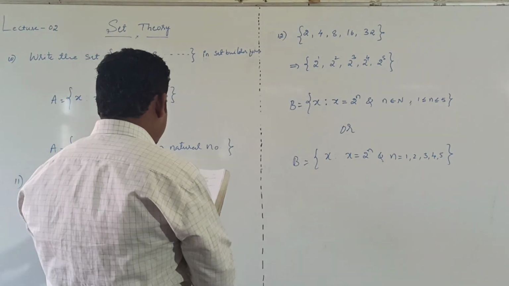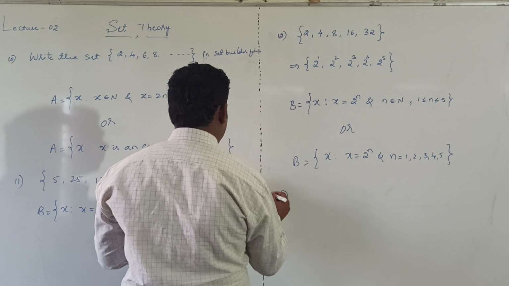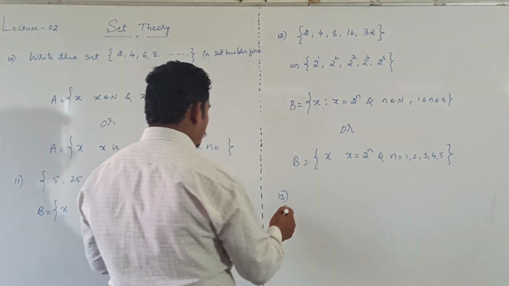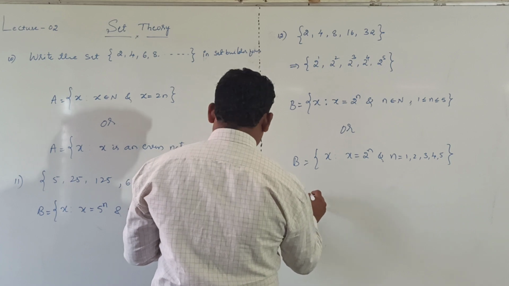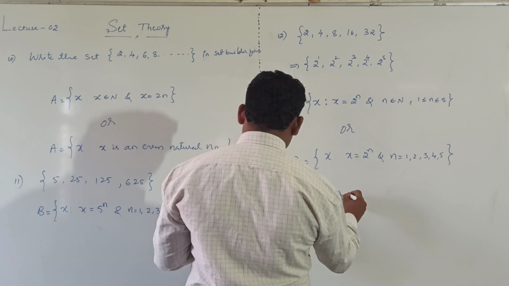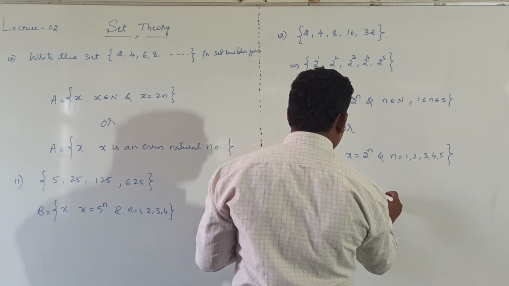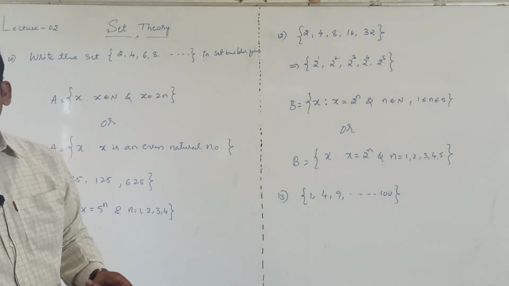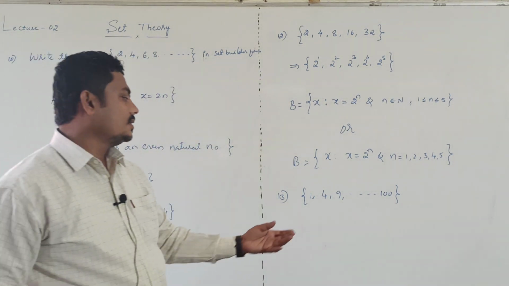Next, write the set 1, 4, 9 and so on up to 100 in set builder form.